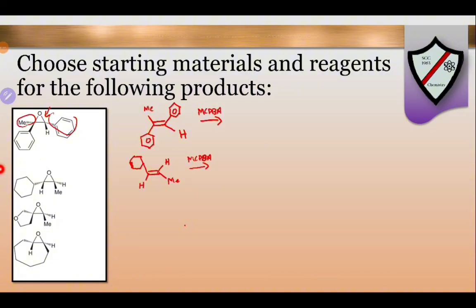In the next example, we see a ring structure. So if I draw my double bond like this, I see that I have a hydrogen pointing to the back, so I'll put him up, and then a methyl pointing to the front, so I'll put him down. And then the other side is still going to connect to itself, but on the side with the hydrogen, I have a 1 carbon chain before I meet the oxygen.